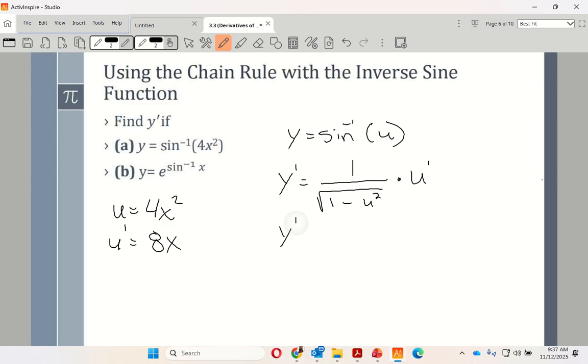So y prime is equal to 1 over the square root of 1 minus, what's 4 squared? 16, right? And x squared, 16x squared, very good, times u prime, which is 8x. The only change I would make is to put that 8x in front.